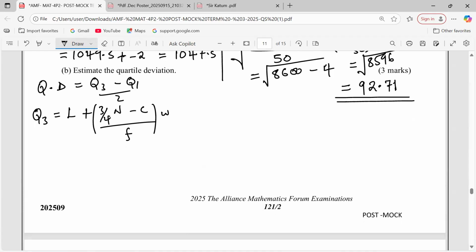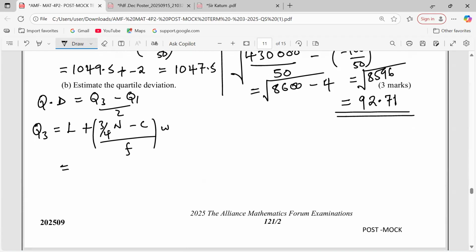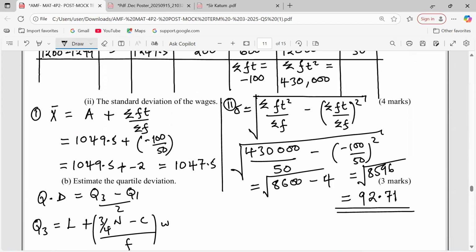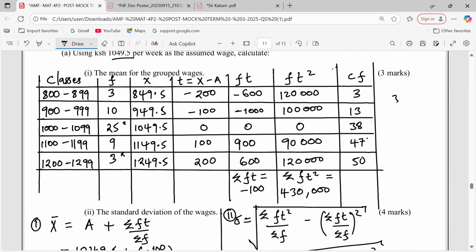So we can get this by going to the CF and checking 3/4 of this data. 3/4 of 50 workers, giving us 37.5, technically the 38th worker.